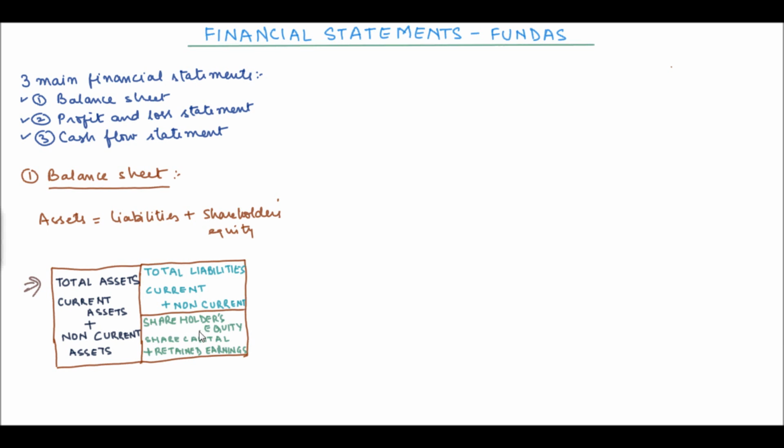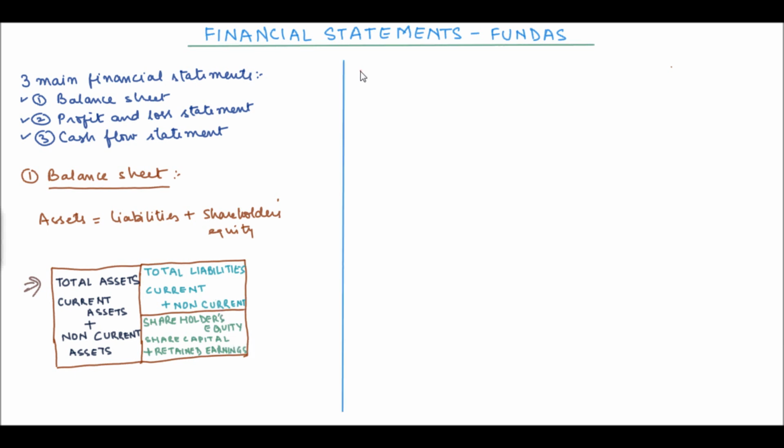And shareholders' equity comprises of share capital and retained earnings. So as you can see, a typical balance sheet is divided into two sides. The left side of the balance sheet outlines all of the company's assets, and the right hand side outlines the company's liabilities and shareholders' equity.